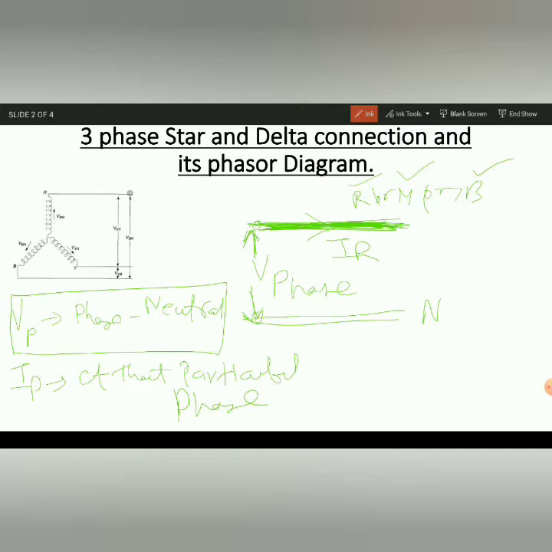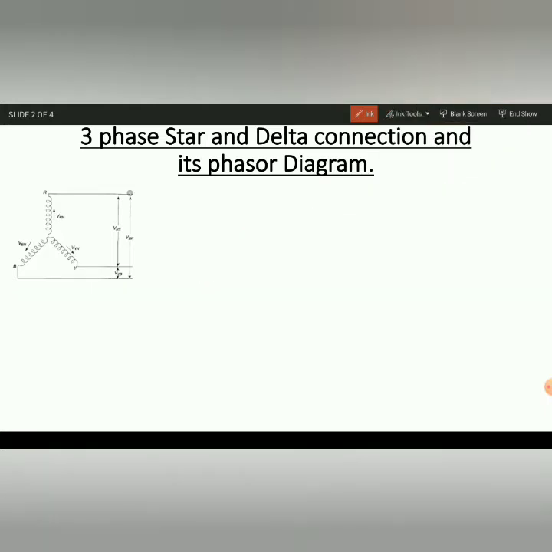The next one we move to is, what is line voltage and line current. Okay, so for line voltage and line current, suppose we have three phases and these three phases are connected in star connection. So now we can give the names, going in a clockwise direction. Starting from here, if this is R, the next one will be Y and the next one will be B. So R, Y, B phases are there.